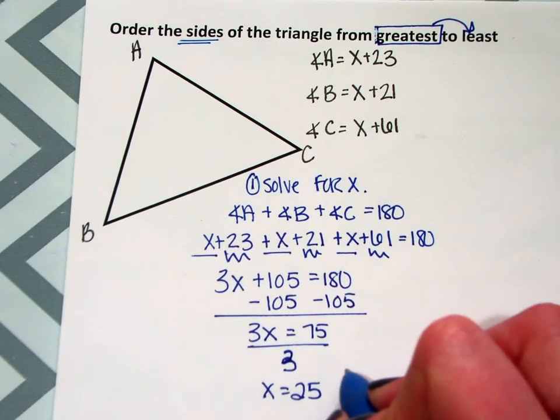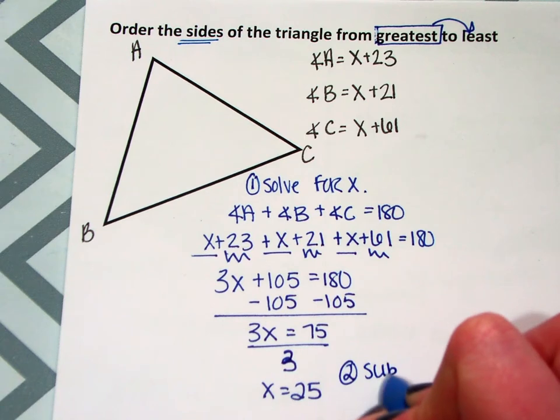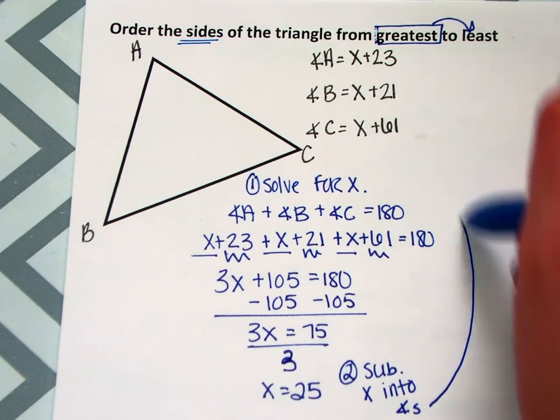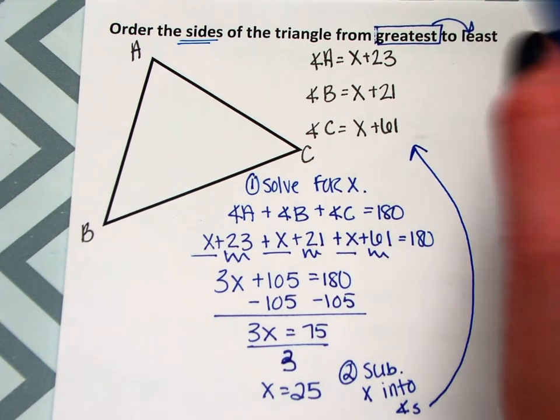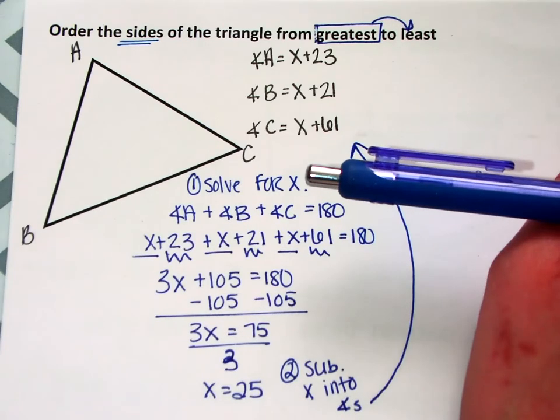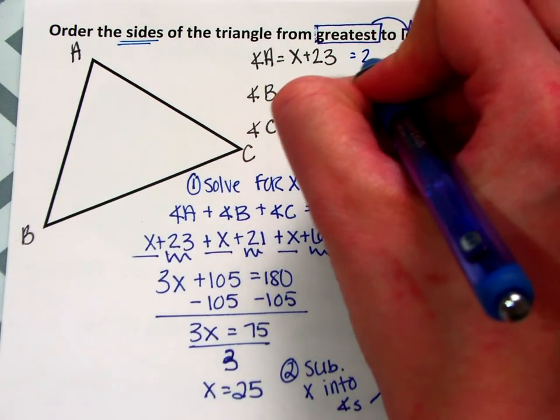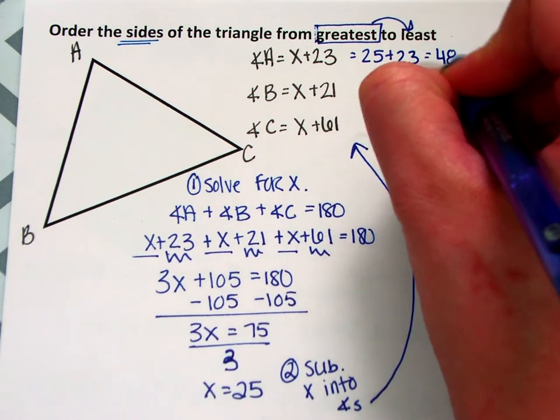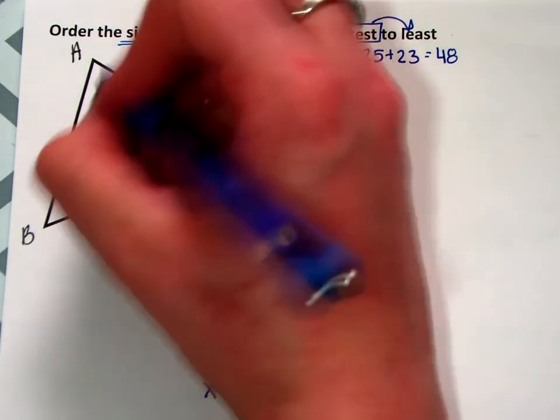So step number 2, sub x into angles. So I'm going to now go up here and plug x in. So this now becomes 25 plus 23 for 48. So angle A is 48 degrees.